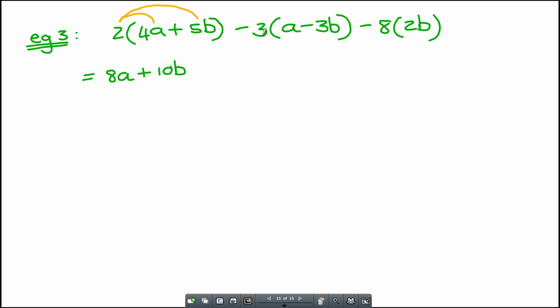Not just the 3, but the minus 3. So minus 3 times a will give me minus 3a. And minus 3 times minus 3b will give me positive 9b. Okay, you guys multiply in that last one, please.